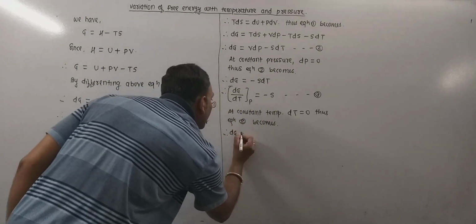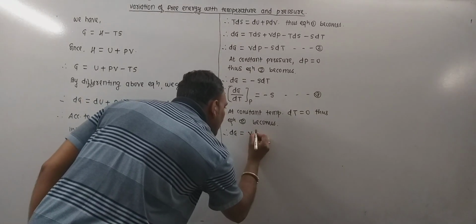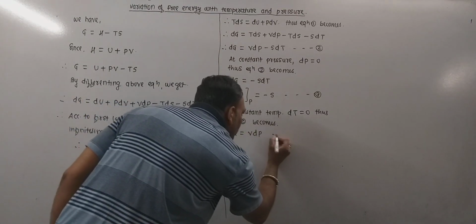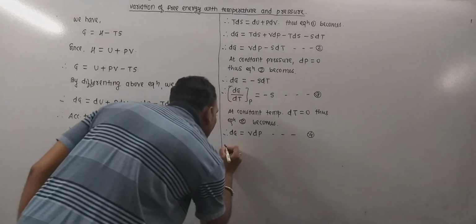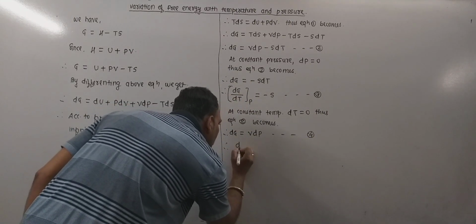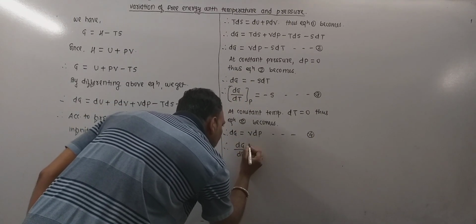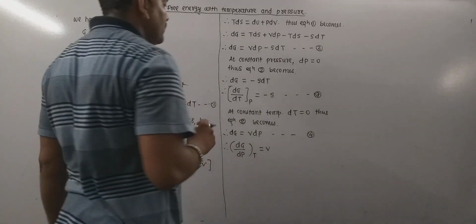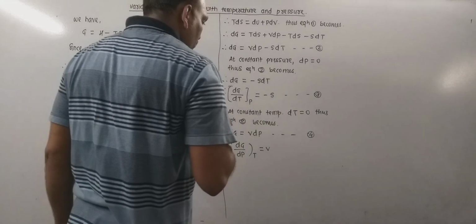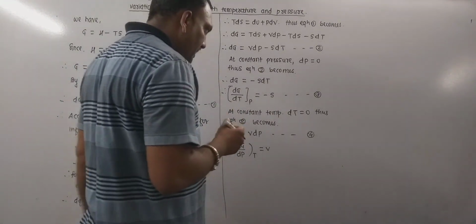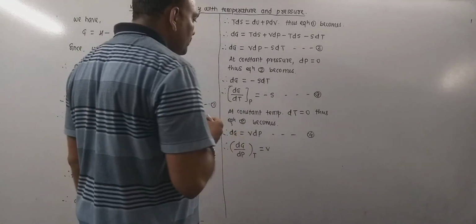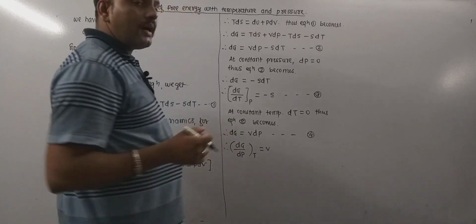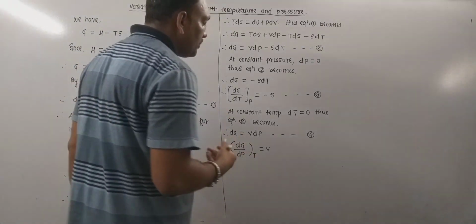Thus dG equals VdP. This is now supposed to be 4, and further this can be given as dG by dP at constant temperature is equal to V.